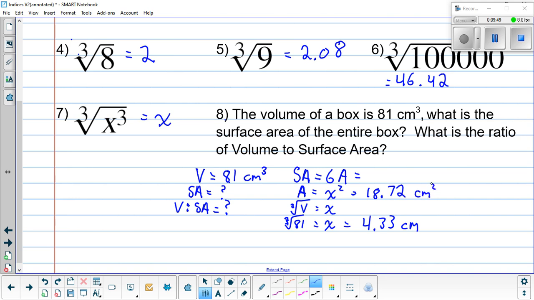Then I times that one by 6, and I get 112.32 centimeters squared for the surface area. And finally, I can go and do my last ratio. So the ratio of volume to surface area, so that's 81 to 112.32, and we can leave it there.